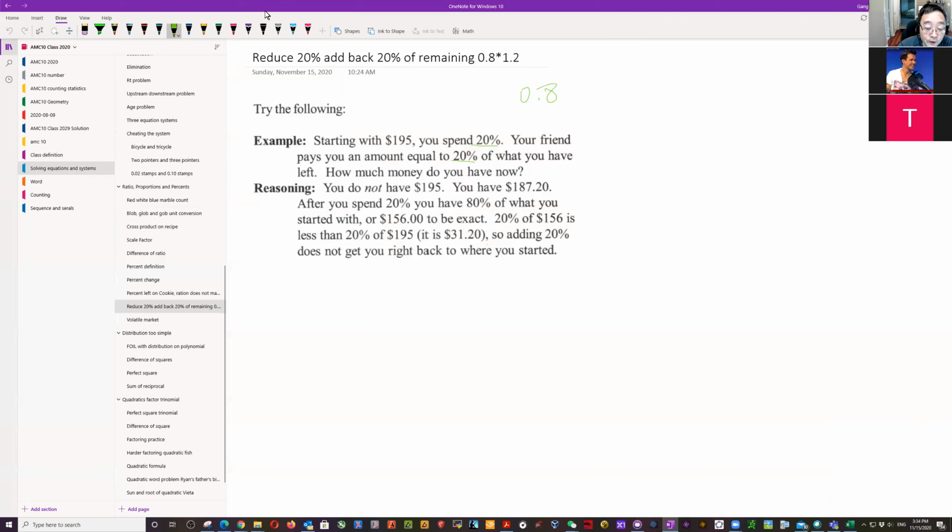Then when your friend pays you an amount equal to 20% of what's left, it's actually multiplying by 1.2. So the whole problem is 190 multiplied by those factors. This is the way you can do it, and you will get the same result.